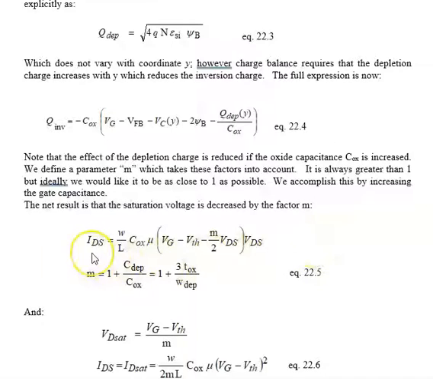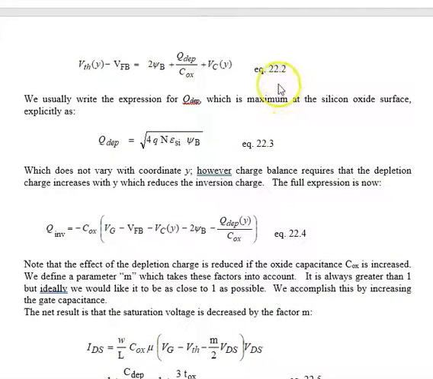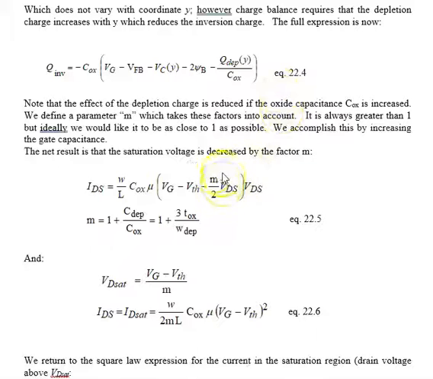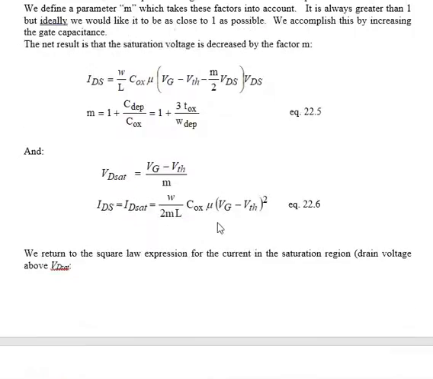So if you write an expression for the output current using 22.4, not 22.2, we get the famous or infamous parameter M. And that is due to the fact that we have the depletion charge, which increases along the channel.